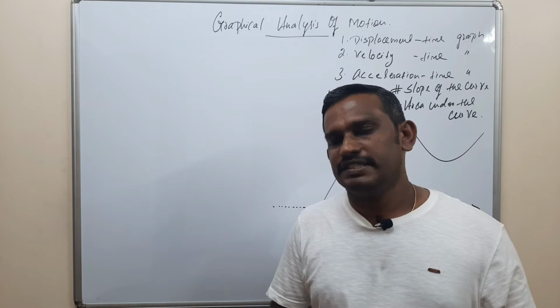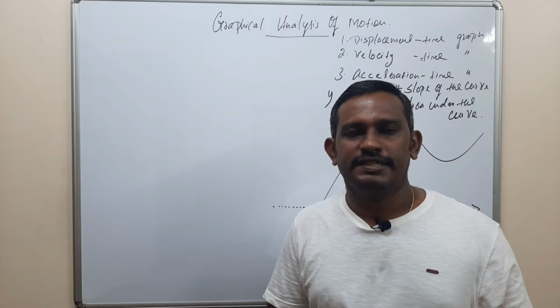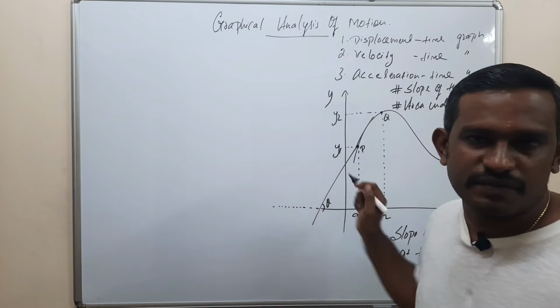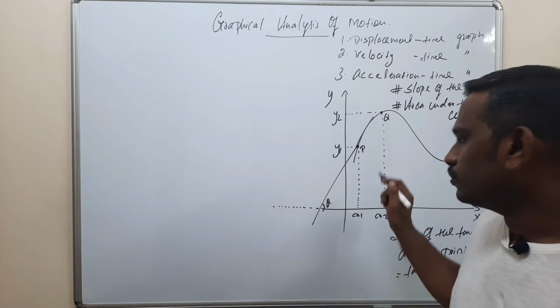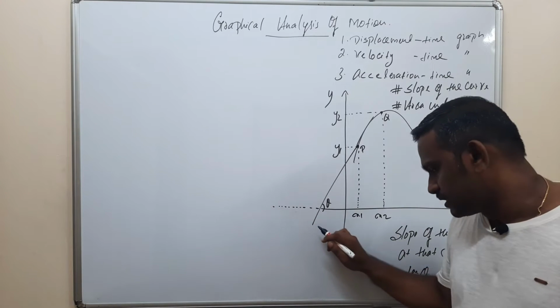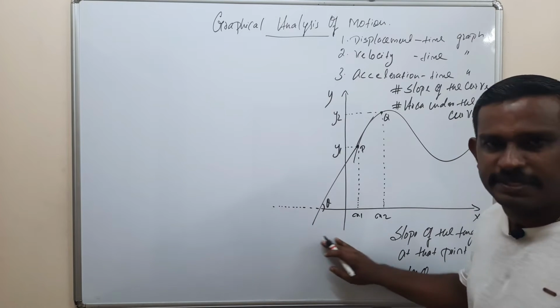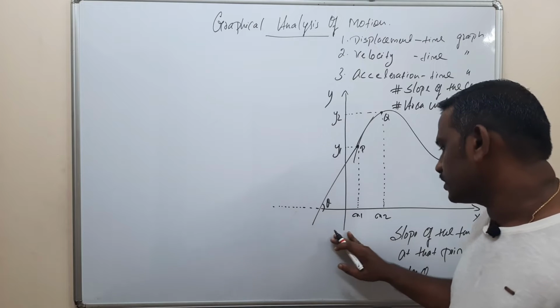In that playlist I have uploaded one video, differentiation part 1, where I have discussed these things in great detail. You can watch that video. For the time being I will say the essential things only.